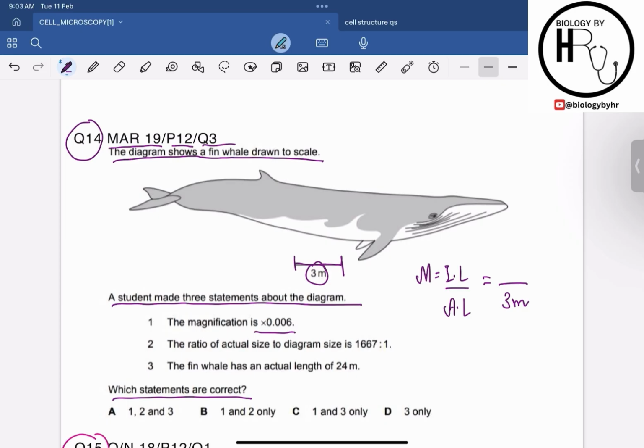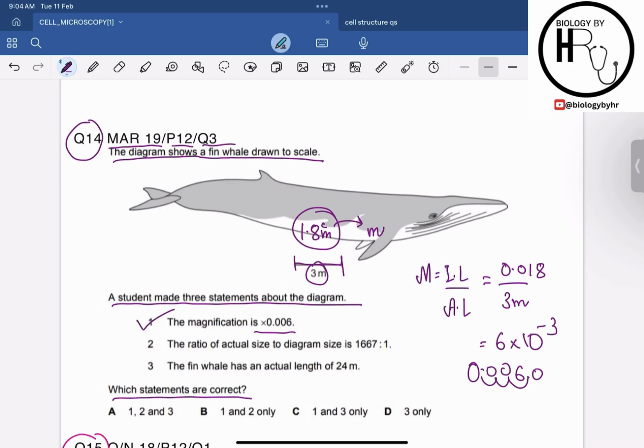On a piece of paper it came to about 1.8 centimeters, and converting into meters, 1.8 divided by 100 is 0.018. Then we divide by 3, so our value comes to about 6 times 10 raised to the power minus 3. So it was 0.006, hence statement 1 is correct.